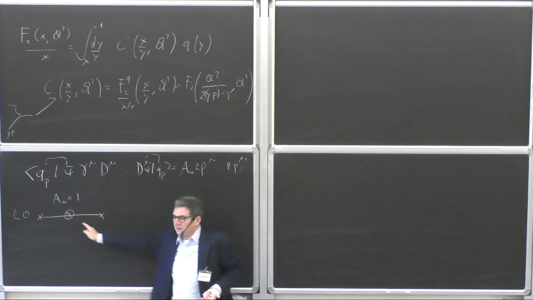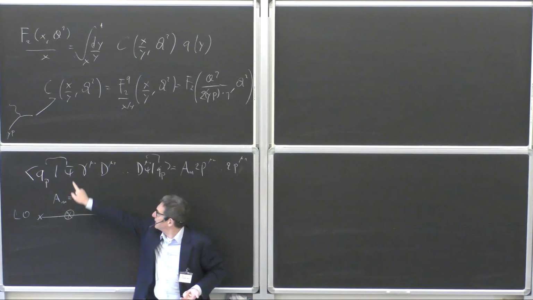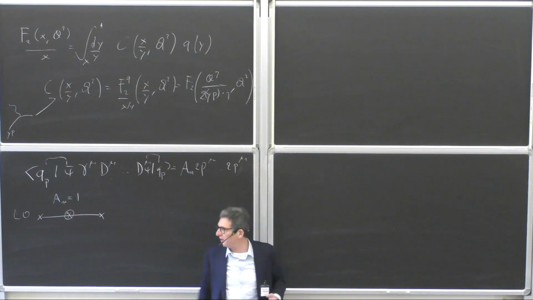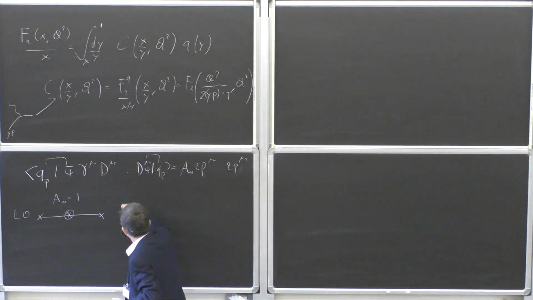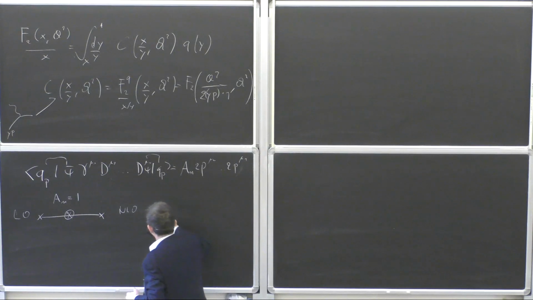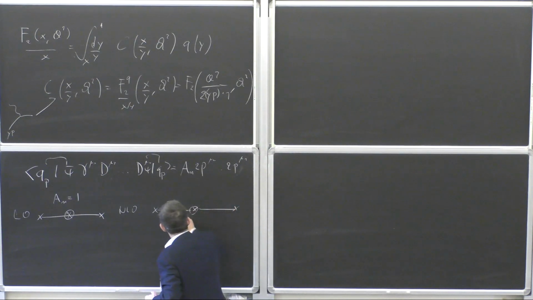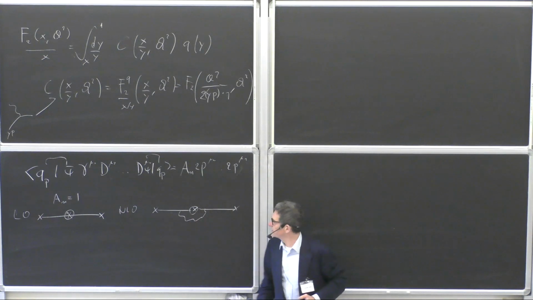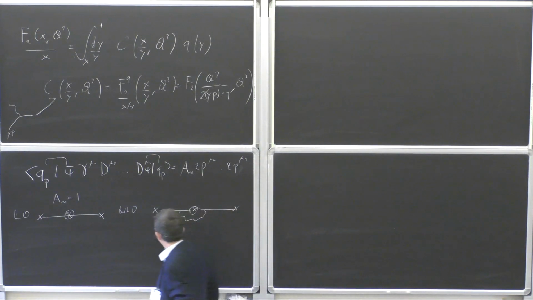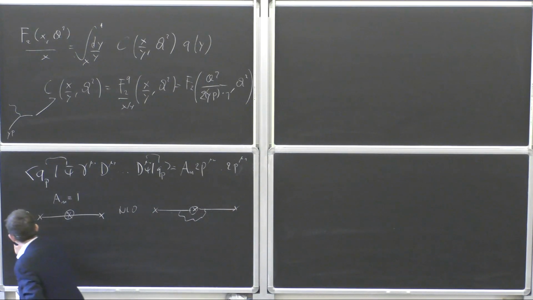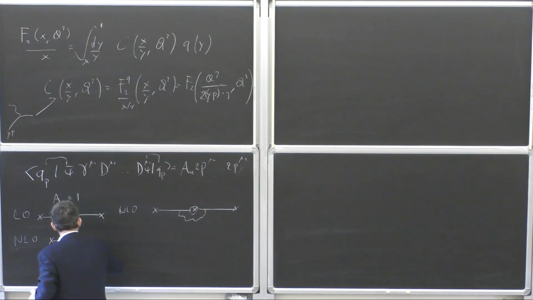But this is just leading order. This is an interacting field theory. Here in between, you have the full-fledged interaction. So at next to leading order, you start having Feynman diagrams that look like this, of course. And then you have more. In fact, let me keep going with next to leading order. You have a diagram like this, of course.